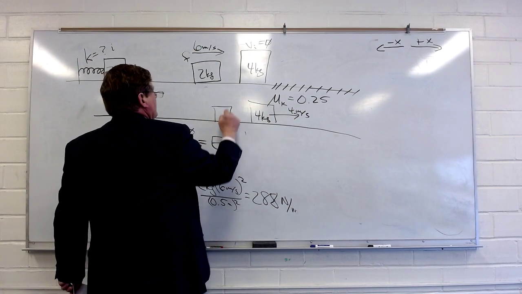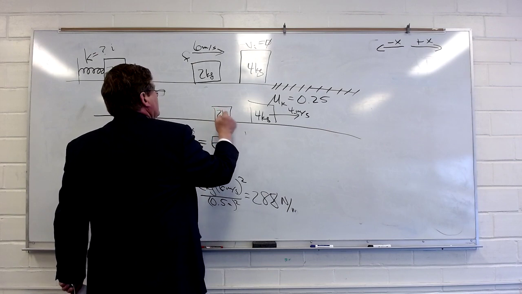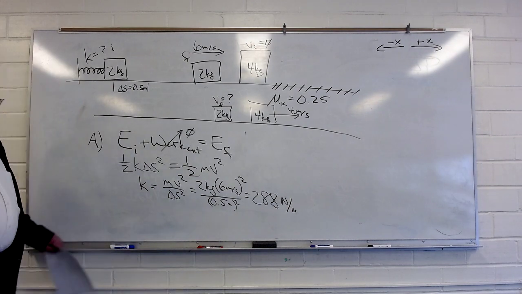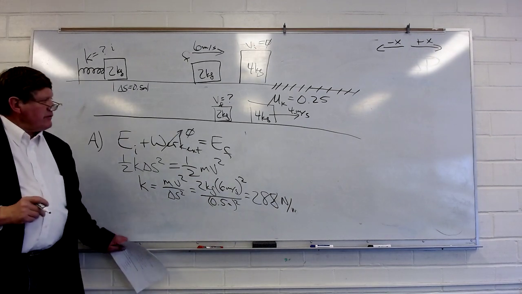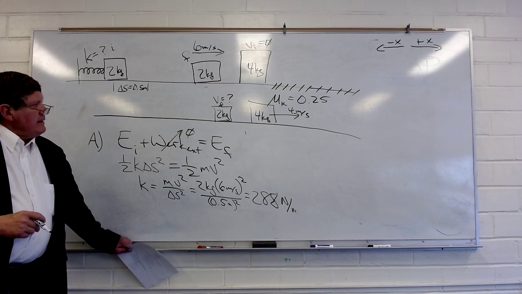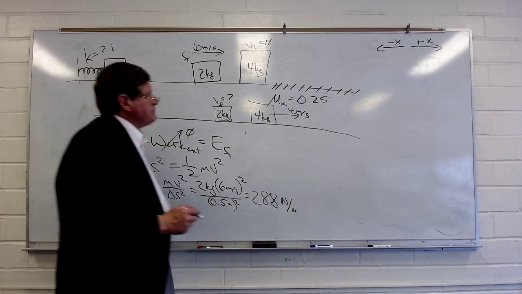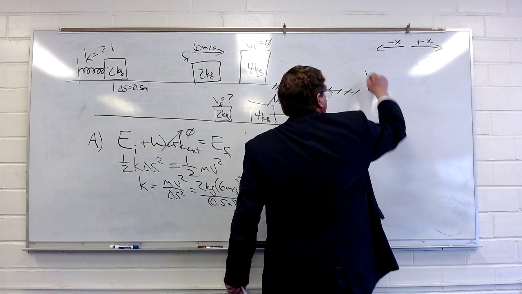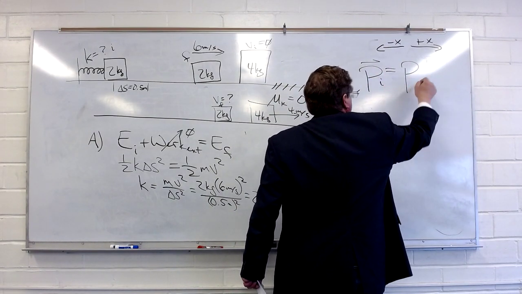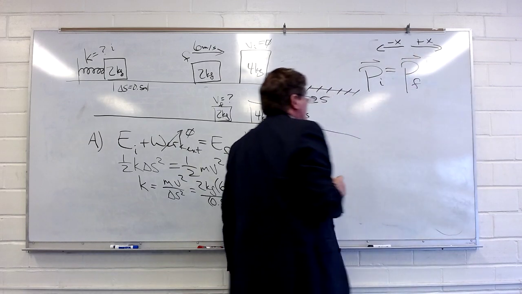And we want to know, how is that little block moving? Is it moving to the left? Is it moving to the right? Is it stopped? How fast is it going? Well, that's a collision problem. And so we solve collision problems by conserving momentum. Initial momentum is equal to final momentum for the system.